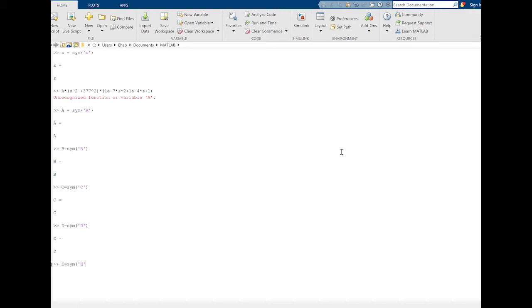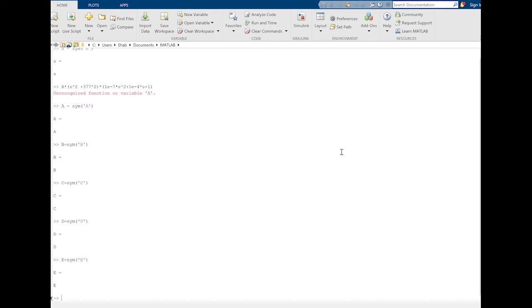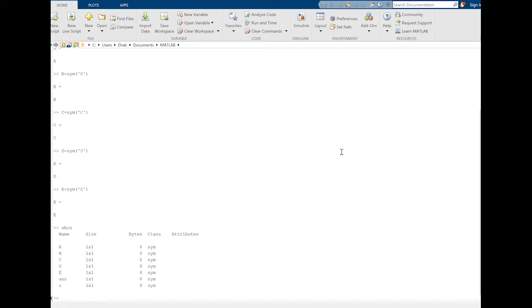Okay, so I have all the symbolic variables defined, and then I can go back. When I do this expression, I can see that it does it for me.